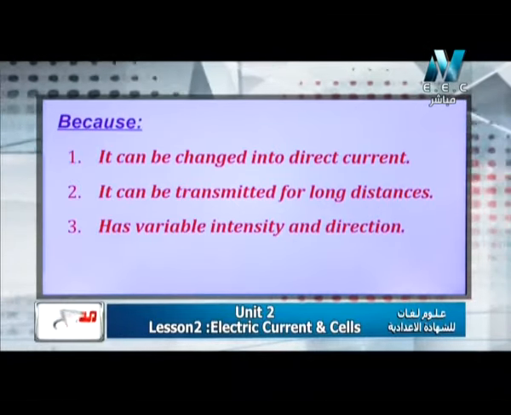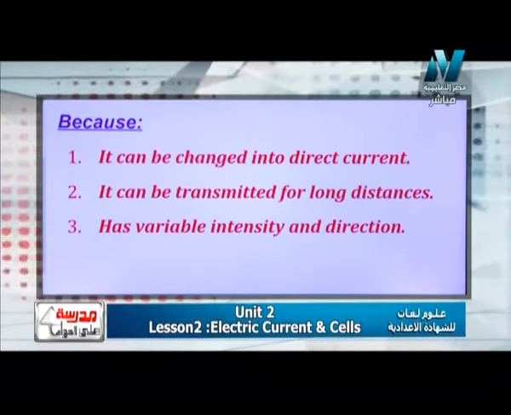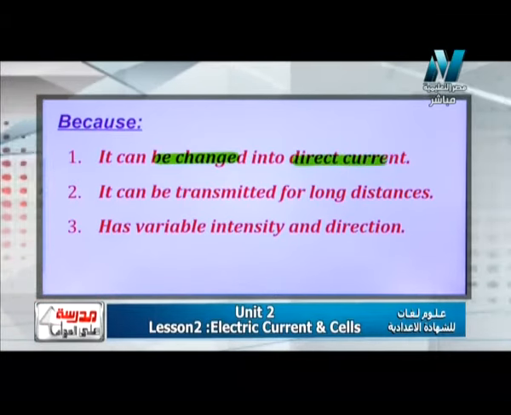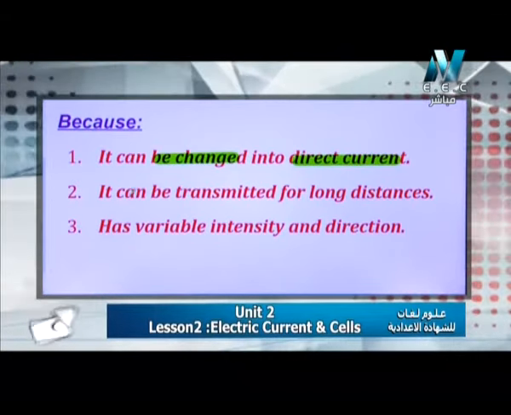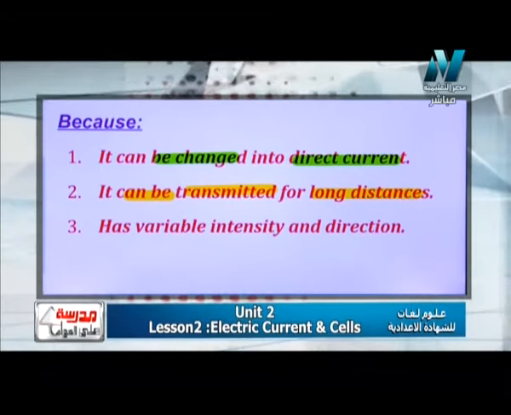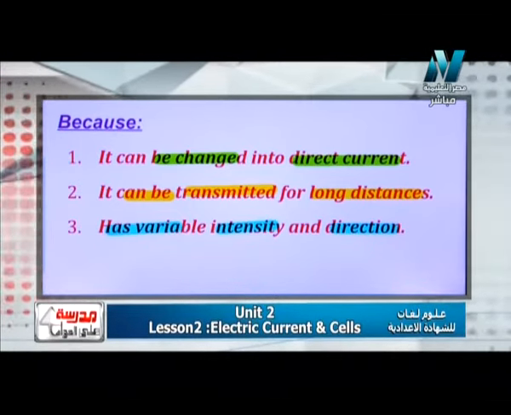So we have at least three reasons: can be changed into direct current, can be transmitted for long distances, and has variable intensity and direction.